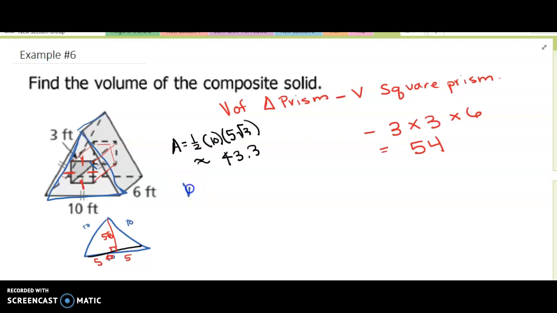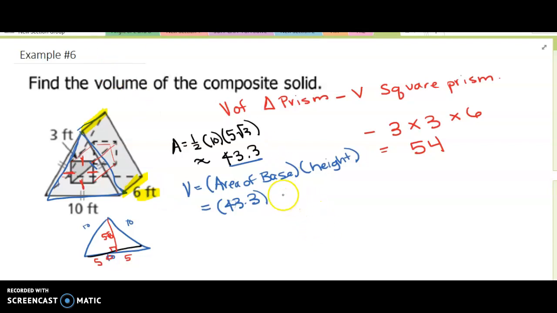So the volume of this prism is area of base times the height. Okay, well the area of my base is right here. And remember, my height is just the distance between my two bases. So this would be the distance between my two bases. Well, that's right here.